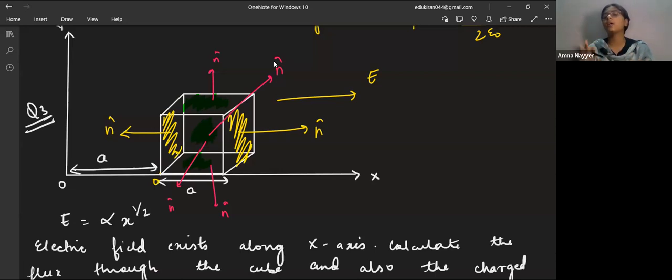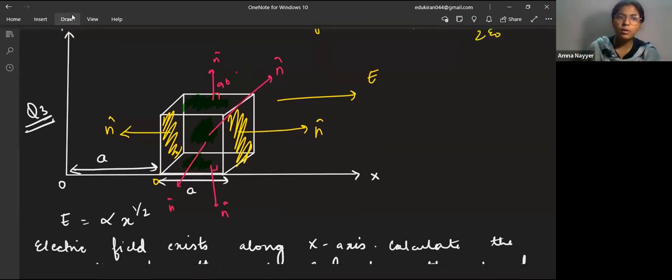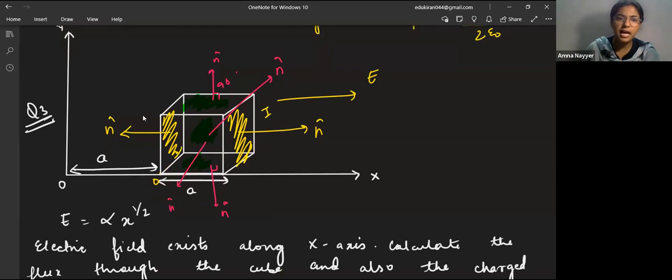All will be making an angle of 90 degree with the field, right? This will also make 90 degree, this will also make 90 degree. So cos 90 degree will be 0. It means there will be no flux due to these four surfaces. So electric flux will only be due to this surface and this surface, E1 and E2. That's it. So now your work is easier.